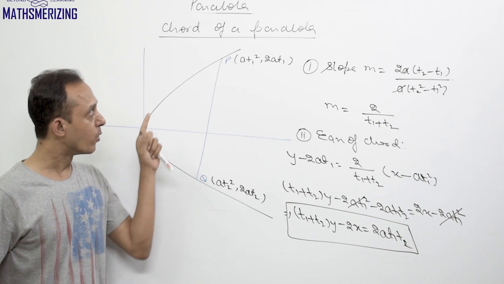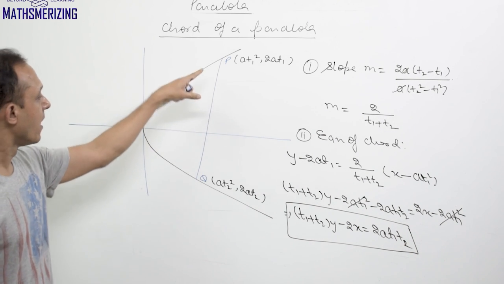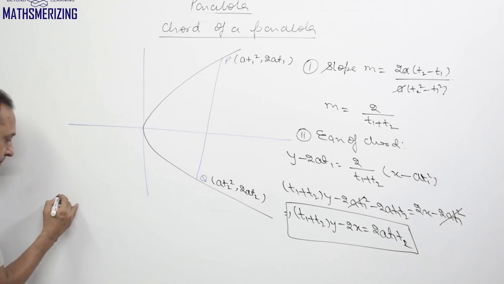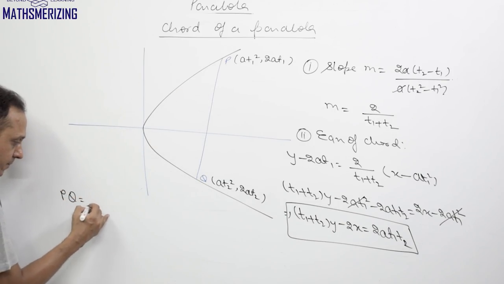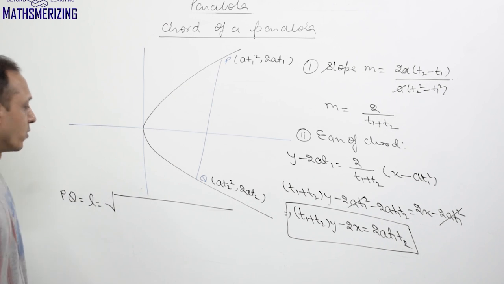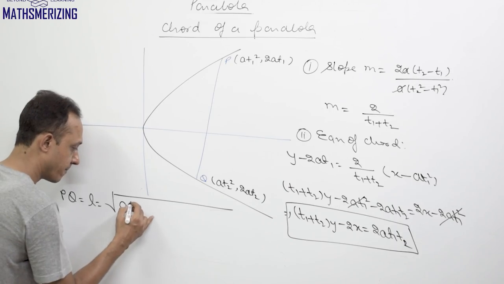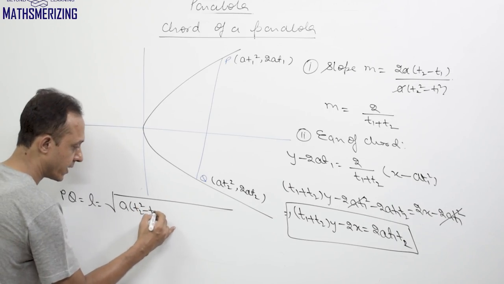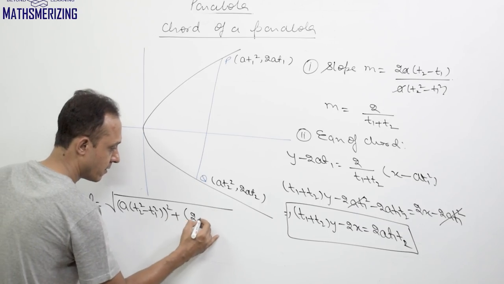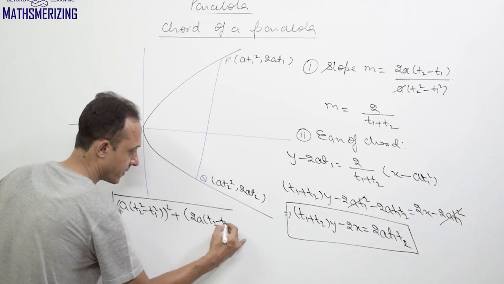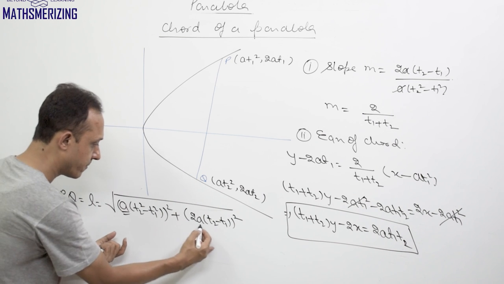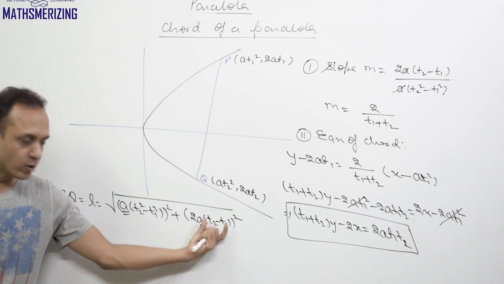Now third thing that we'll want to work out for any chord is length of the chord. So in this we'll find length of this chord PQ. So length of this chord PQ will be under root of (x2 minus x1) whole square plus (y2 minus y1) whole square. So there will be a times (t2 square minus t1 square) whole square, and then plus 2a times (t2 minus t1) whole square. Now here we can take this a out and we can also take t2 minus t1 out.